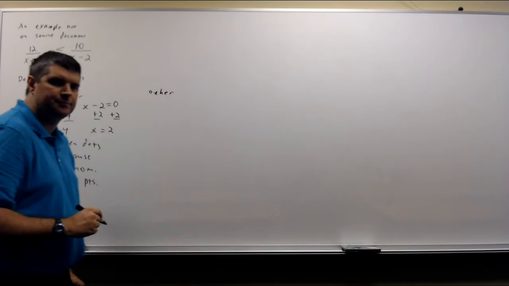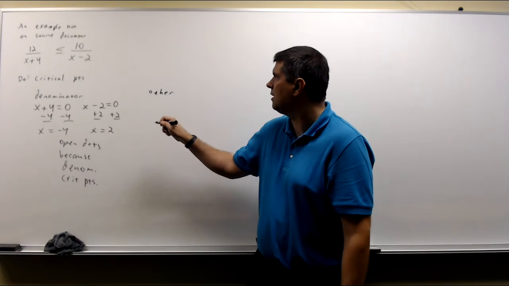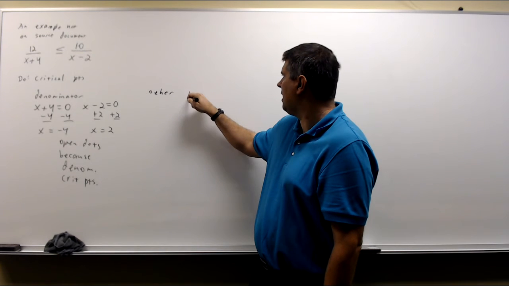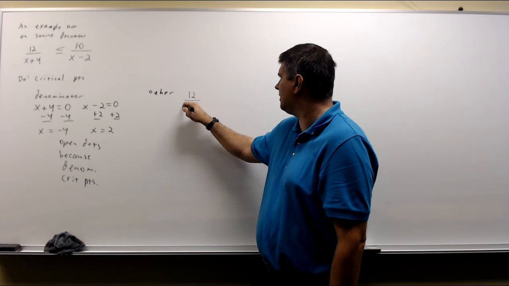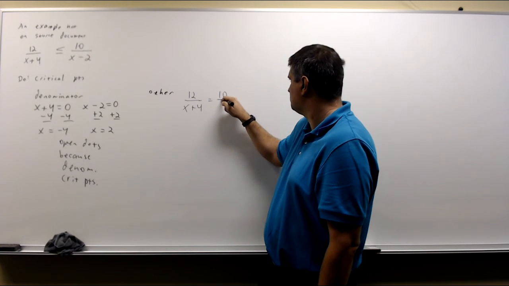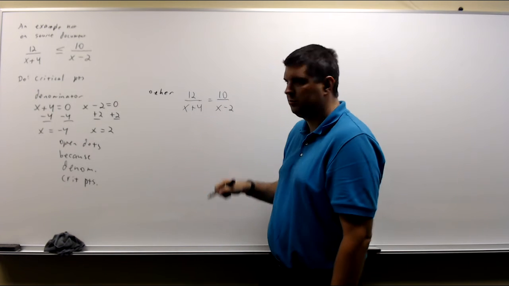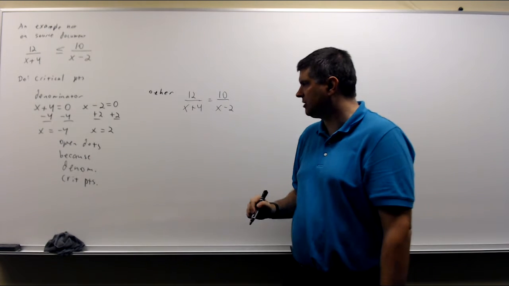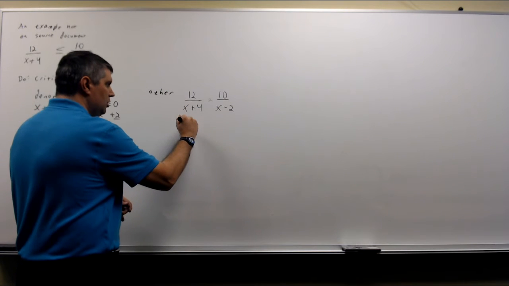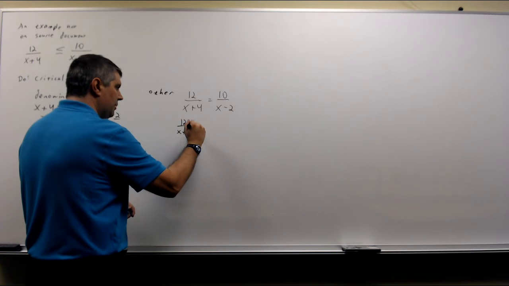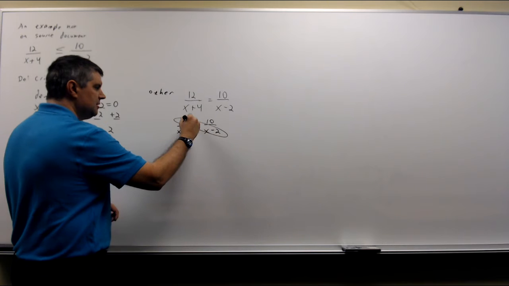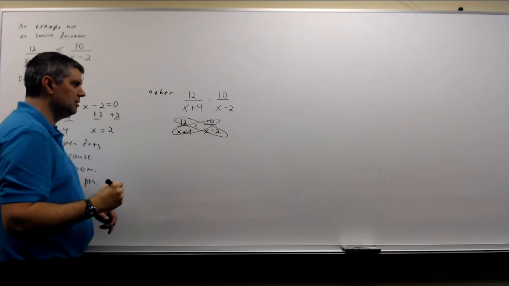Okay? Now over here, to get the other critical point, I solve this as an equation. It's a proportion, so I can simply copy it twice and do this times this equals this times this.